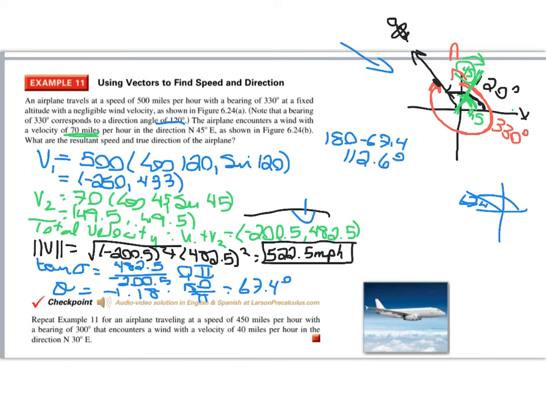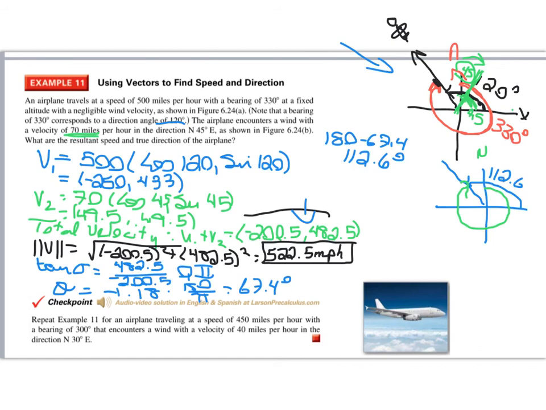We want to know the true direction of the airplane. Let me go back and erase this real quick, and just hang with me here. This right here is 112.6. We want to know how far we went from here to there, because remember with bearing you start at the north and you go clockwise.